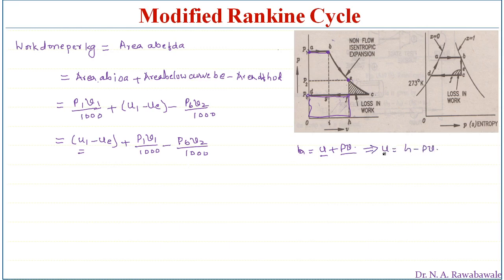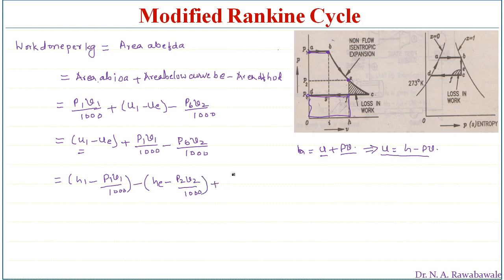Using this relation, U1 can be written as H1 minus P1 V1 divided by 1000, in one bracket, minus UE, which can be written as enthalpy HE minus P2 V2 divided by 1000, since pressure at E is P2.